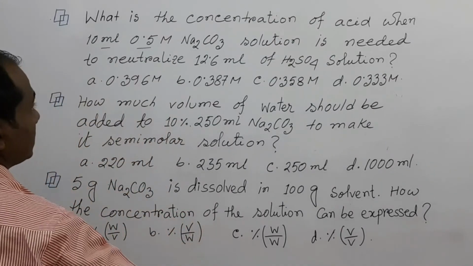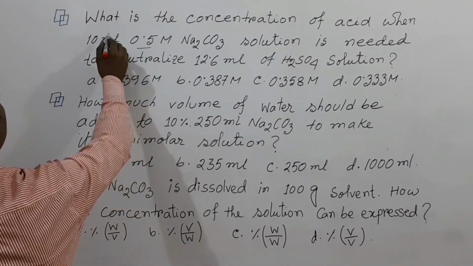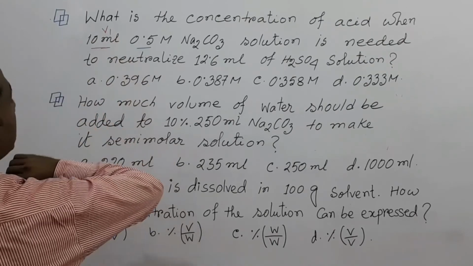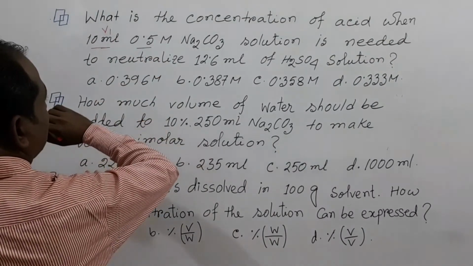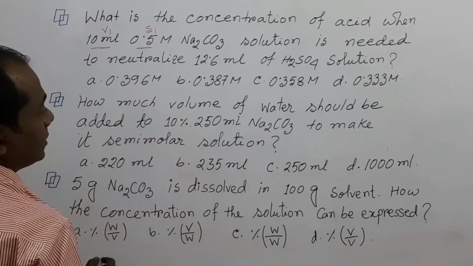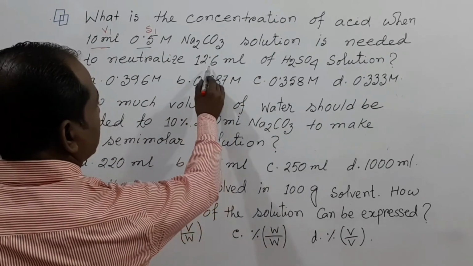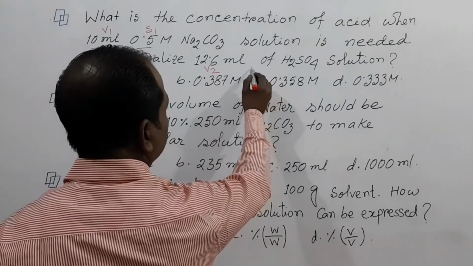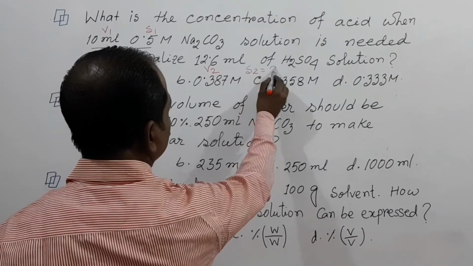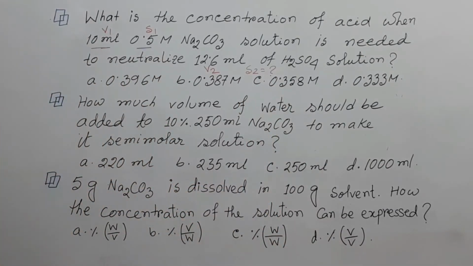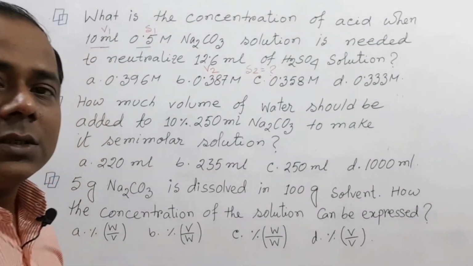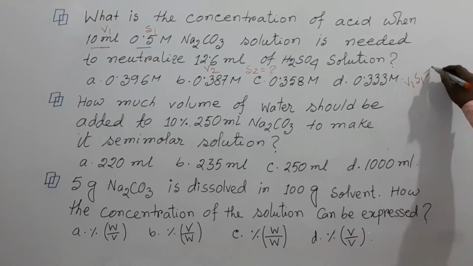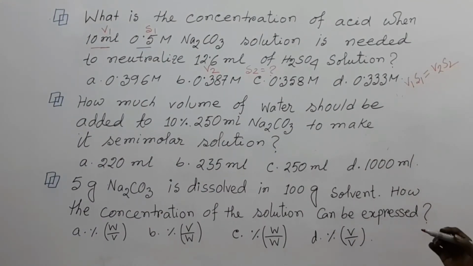My dear students, if we write this is the volume of sodium carbonate, that means V1, and concentration of sodium carbonate is S1, then the volume of sulfuric acid is V2, and concentration of sulfuric acid S2 equal to what? This is the question.